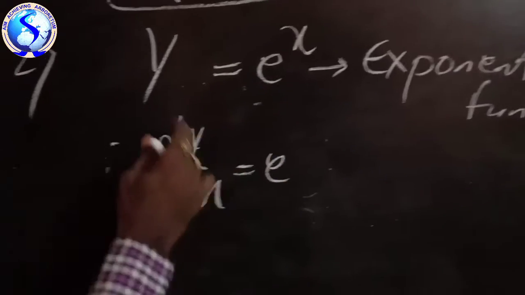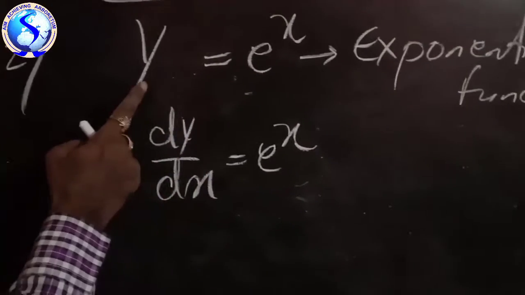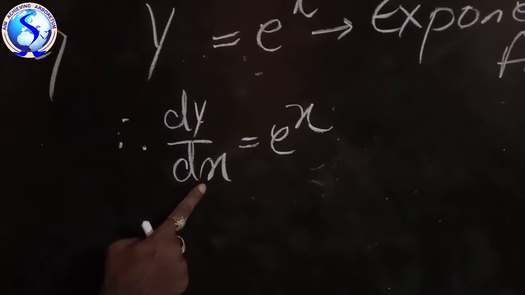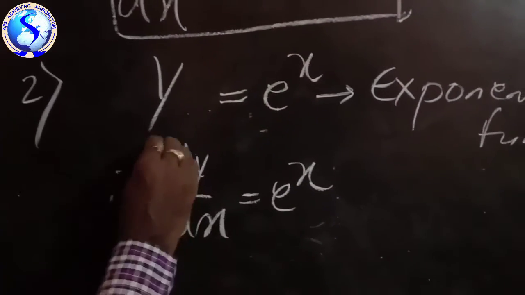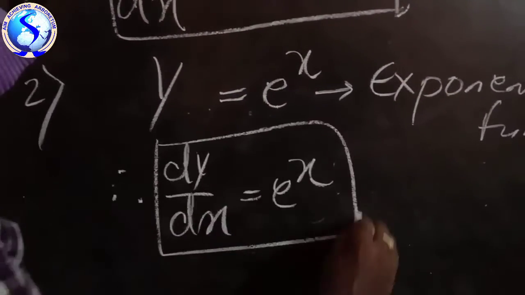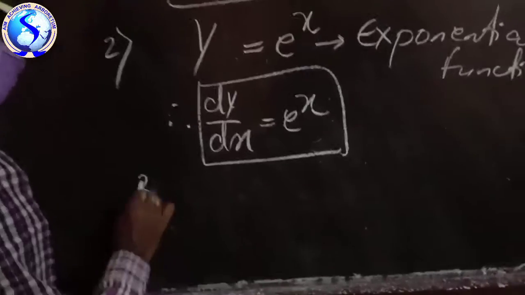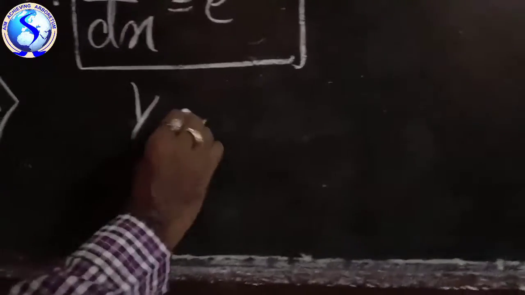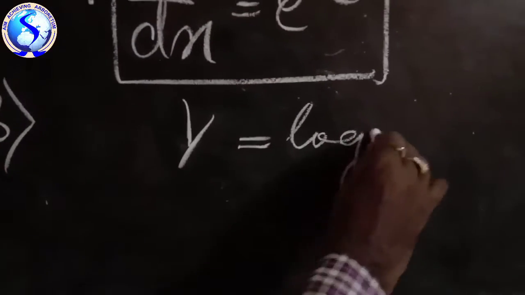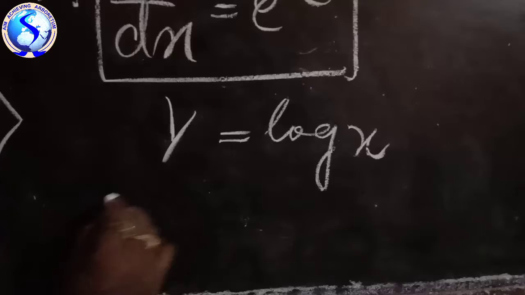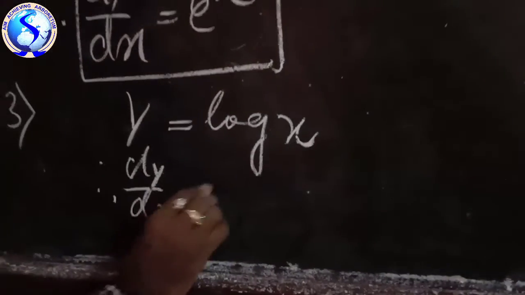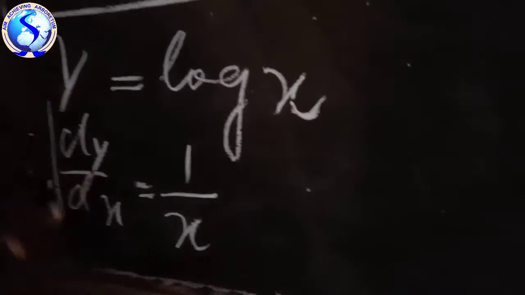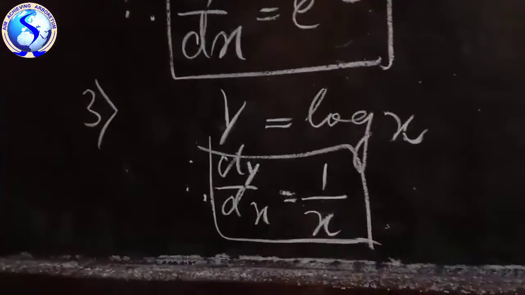The derivative of e to the power x is the same thing. You just have to memorize. Number 3. Suppose y is equal to log x, logarithm base e. In this case, dy by dx is 1 by x.